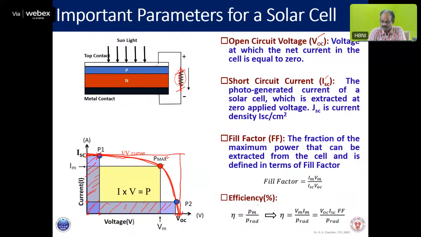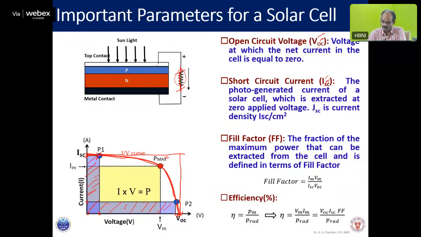So fill factor is the fraction of maximum power that can be extracted from the solar cell as compared to the maximum theoretical or ideal power. Ideally, what we want is ISC current at VOC voltage, but that is not possible.